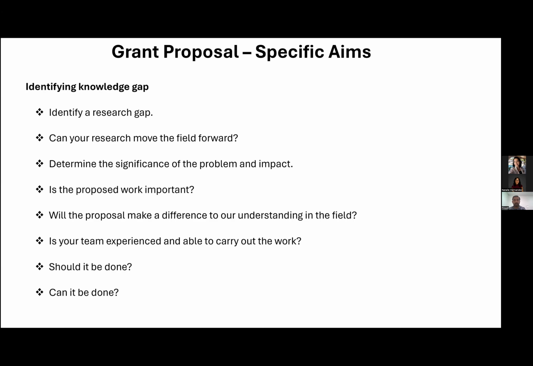In other words, whether you will be able to meet the unmet needs or whether you are able to mend those gaps. Clearly determine the significance of the problem. Clearly emphasize why this problem is so important and how this issue can impact the overall field.